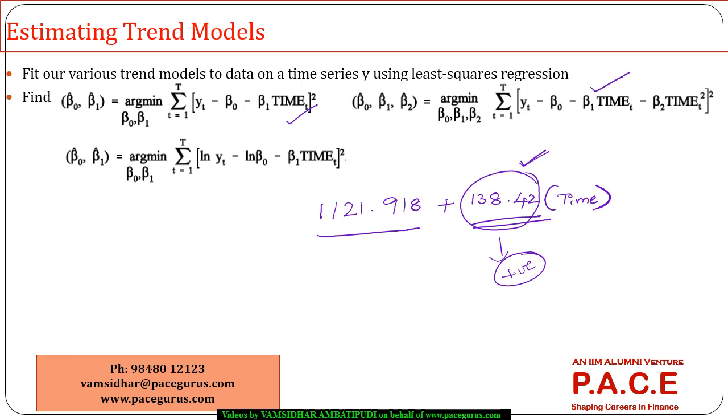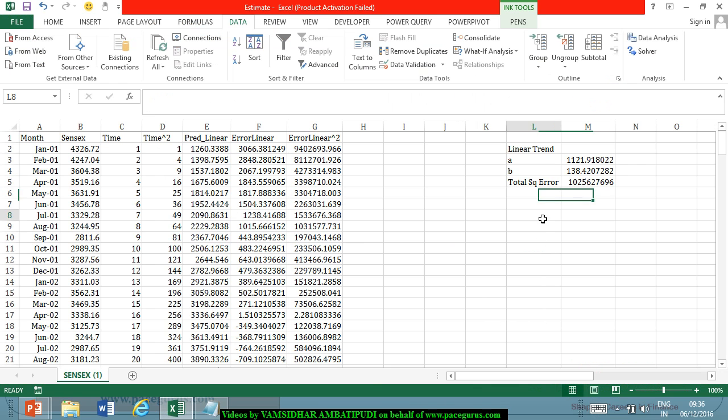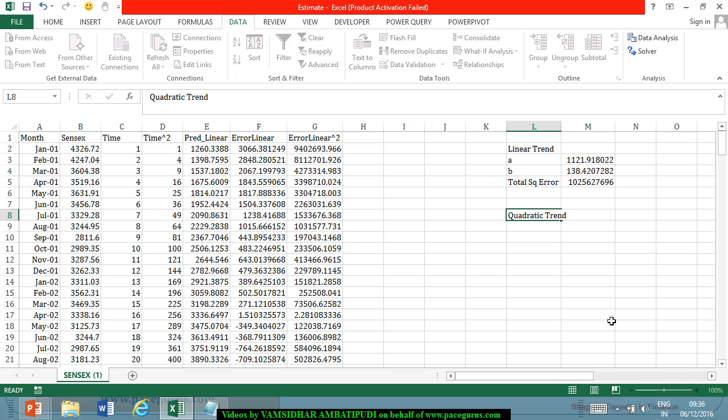Now I want to look at the quadratic trend model. If I want the quadratic trend model, I require A, B and C. Here also let me start with 100, 1 and 1.